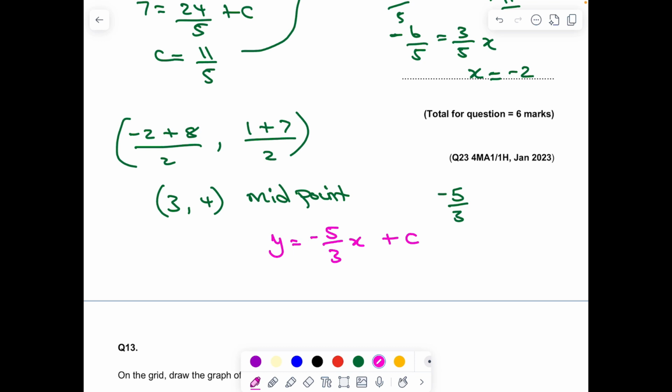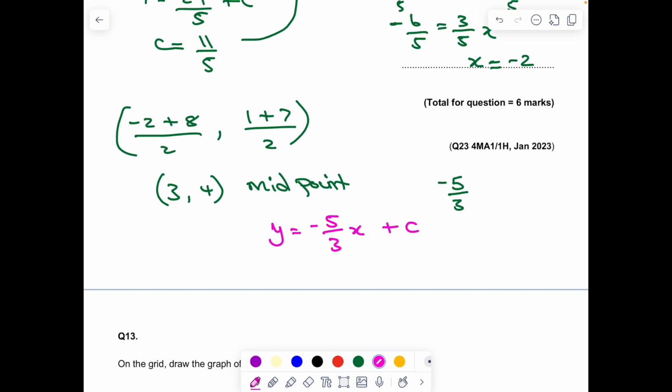And we substitute in our point 3, 4 that lies on the line. So substituting in 3, 4, so y is 4 minus 5 over 3 times x, and x is 3, plus c.